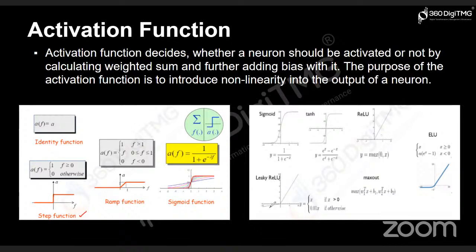Leaky relu gives a value for the negative terms also. It will give 0.01x if x is less than 0, but relu will give 0 if x is less than 0, and x if it is greater than 0.